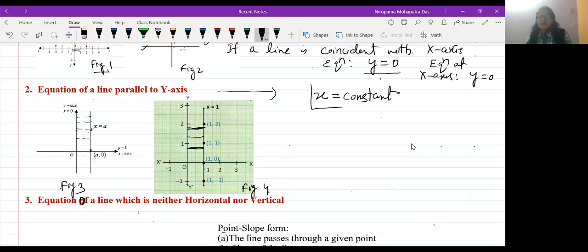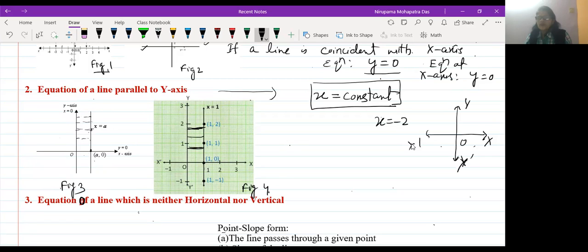If the constant is positive, the line lies to the right of the y-axis, and if the constant is negative, the line lies to the left of the y-axis. If I write x equal to minus 2, here I have the x-axis, y-axis, I can take like this, y dash and x dash.